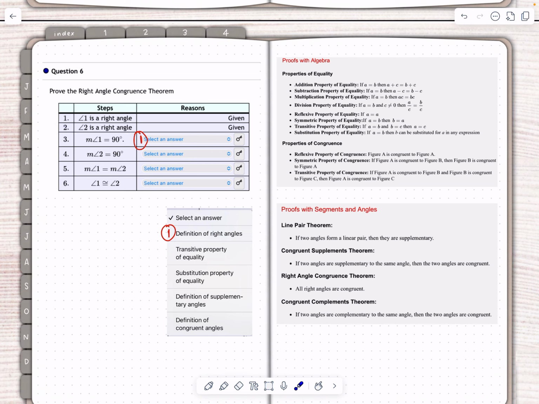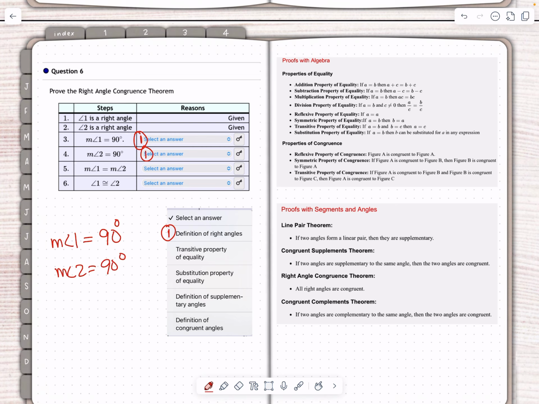Okay, very good. Now the next one, we have measures of angle 1 is equal to measure of angle 2. So let's see how that works. So we could add measure of angle 1 is equal to 90 degrees. And we also have measure of angle 2 is equal to 90 degrees.